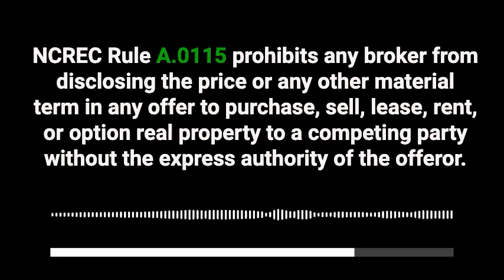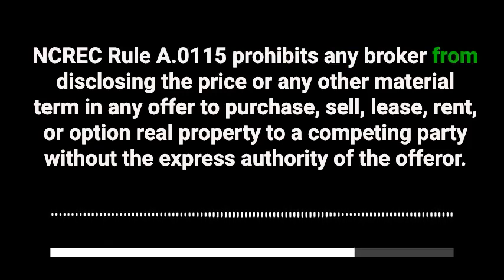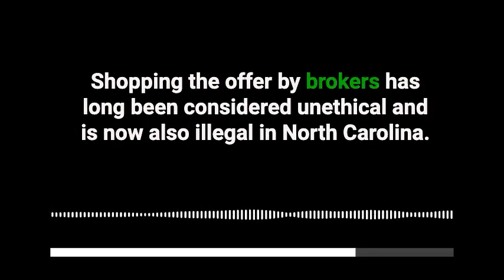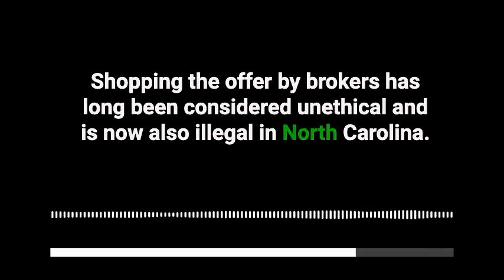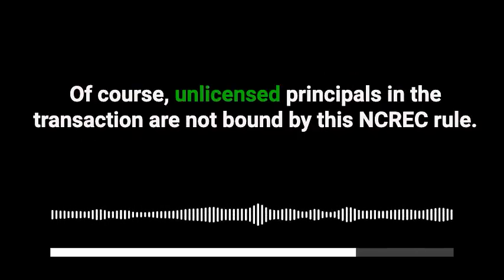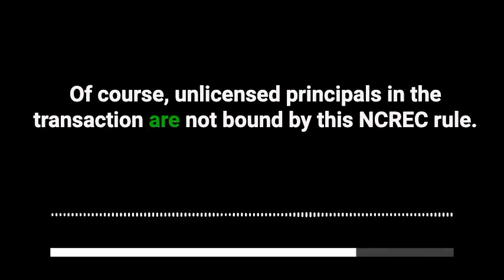NCREC Rule A-115 prohibits any broker from disclosing the price or any other material term in any offer to purchase, sell, lease, rent, or option real property to a competing party without the express authority of the offeror. Shopping the offer by brokers has long been considered unethical and is now also illegal in North Carolina. Of course, unlicensed principals in the transaction are not bound by this NCREC rule.